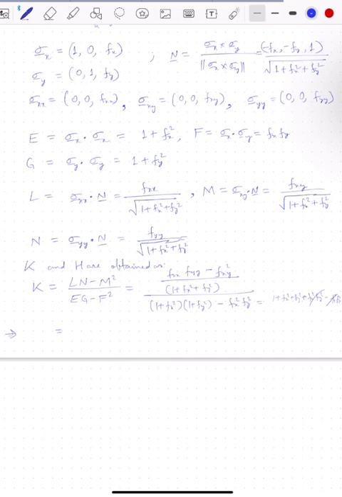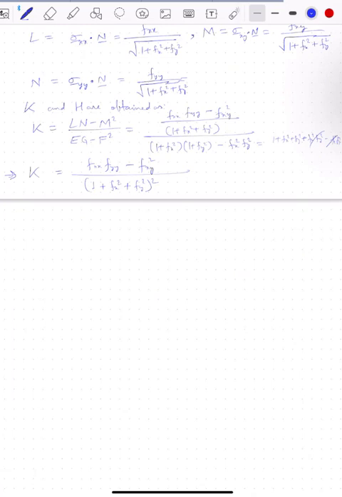Therefore, K is equal to fxx fyy minus fxy whole squared divided by 1 plus fx squared plus fy squared, whole squared. So this was our Gaussian curvature.